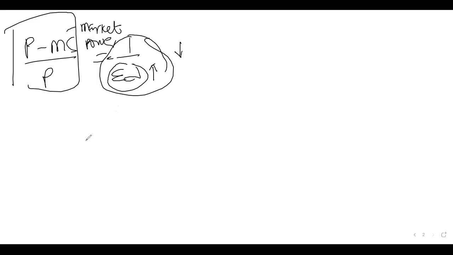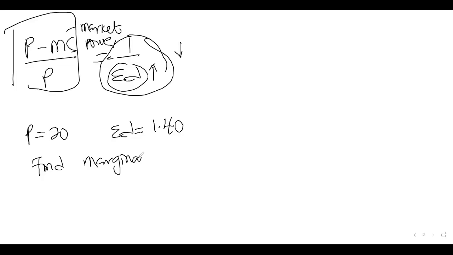Okay. So here, I could just give an example, and I could say that price is equal to 20, and elasticity of demand is equal to 1.40. And I can say find the marginal cost.